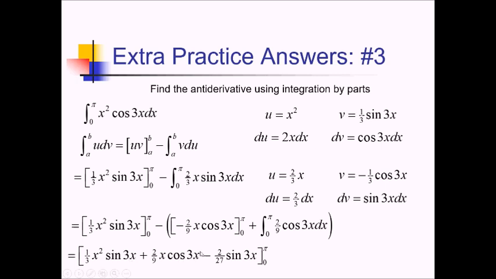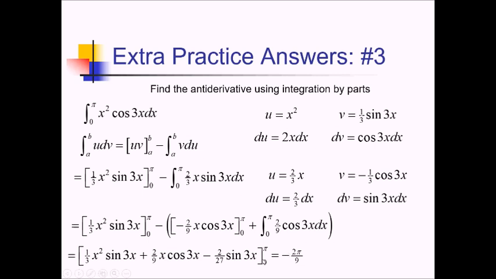I've got cosine of 3 pi, which is really like cosine of 1 pi, which is negative 1. And I've also got a pi here, so I've basically got a negative 2 pi over 9 for that middle term. And then this last term, I've got sine of 3 pi, which is 0, so I don't have to bother writing that down. All we got by plugging in pi was just this lonely term here.